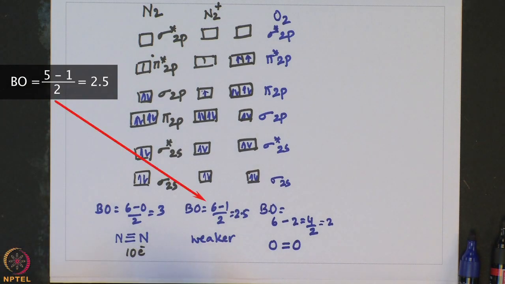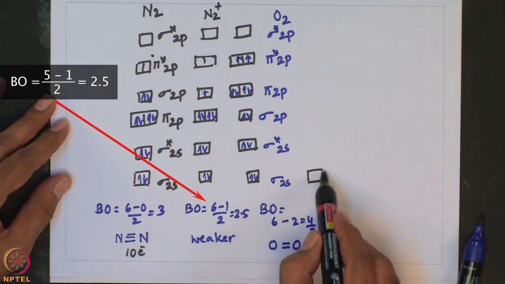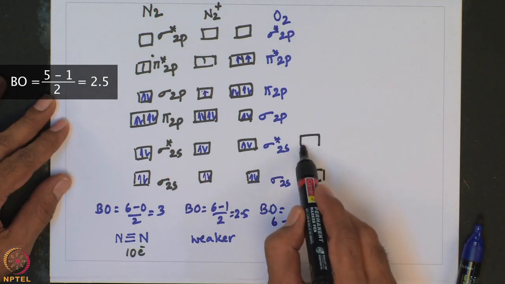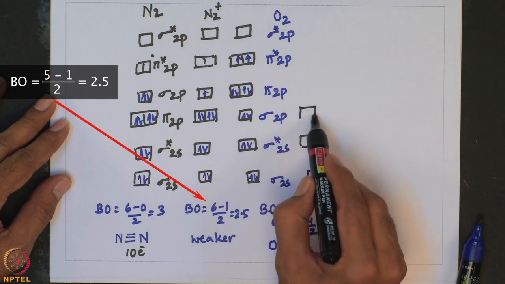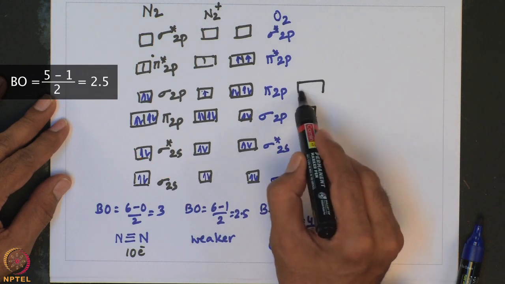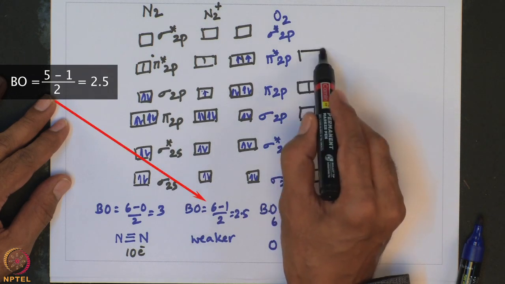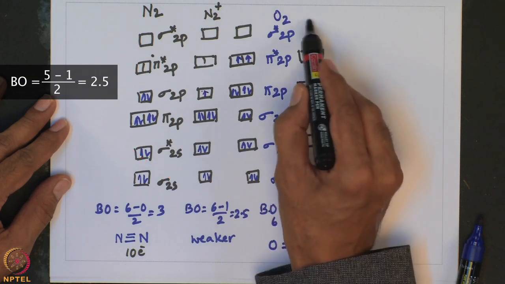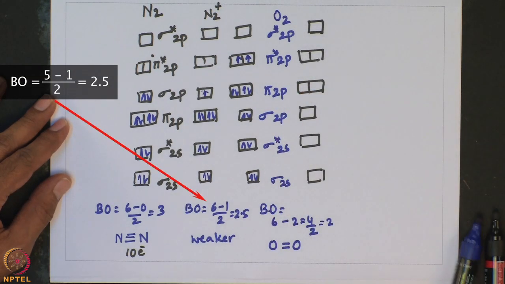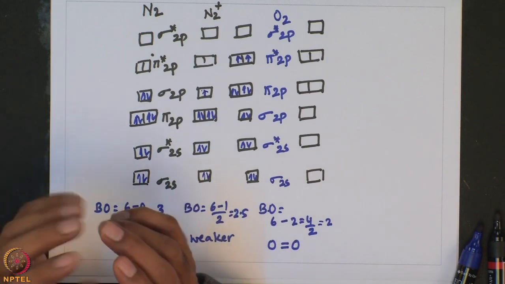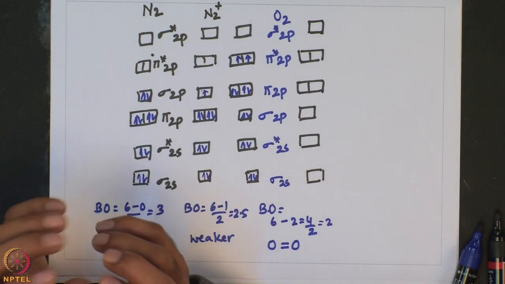O2+ has 1 electron less. Okay, so let me start filling here. Here we have 2 oxygen atoms. One is oxygen with 1s2, 2s2, 2p4 electronic configuration.